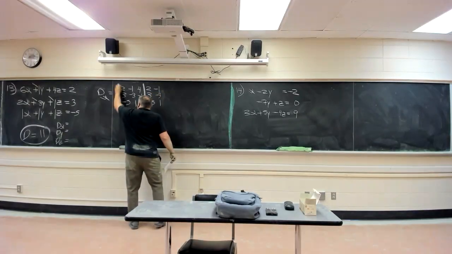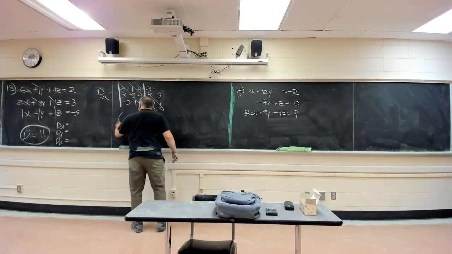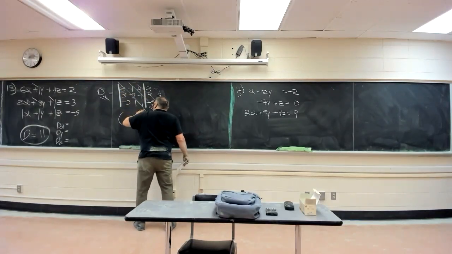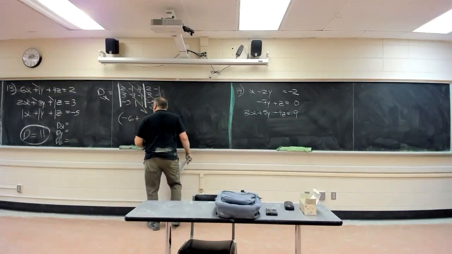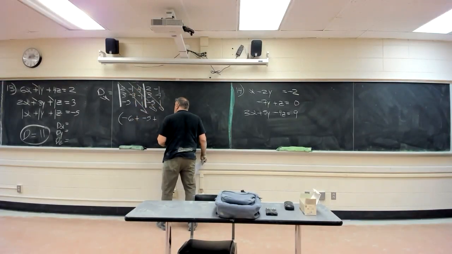And here we go. Go here, go here, go here. Let's see what happens. Do this multiplication, you've got -6. Do this multiplication, you've got -5. Do this multiplication, you've got 12.